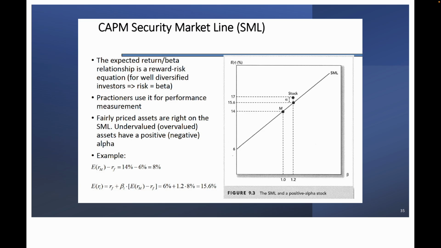Because it's too low. So at first the price is too low, because the BMW stock should discount future cash flows by 15.6%. But if the expected return is 17%, we are discounting by 17%, by more. So the price is too low.